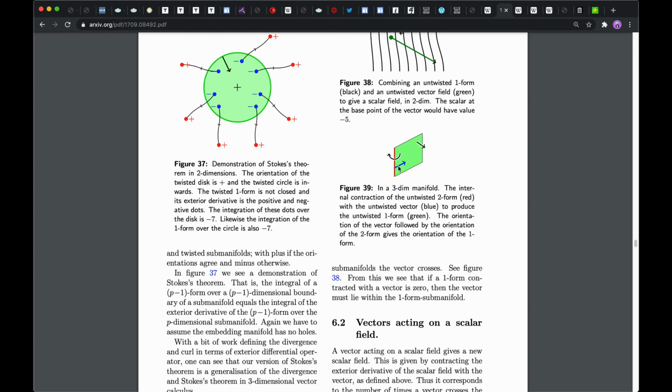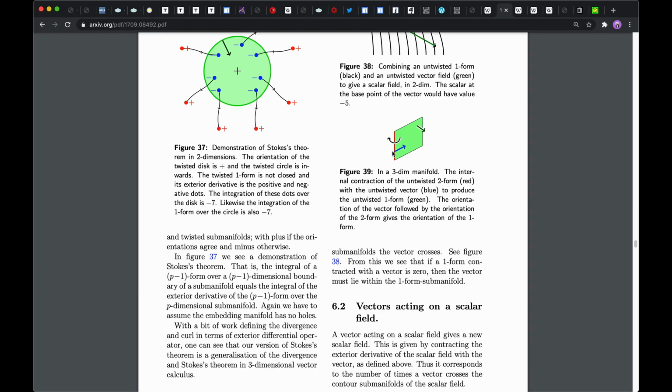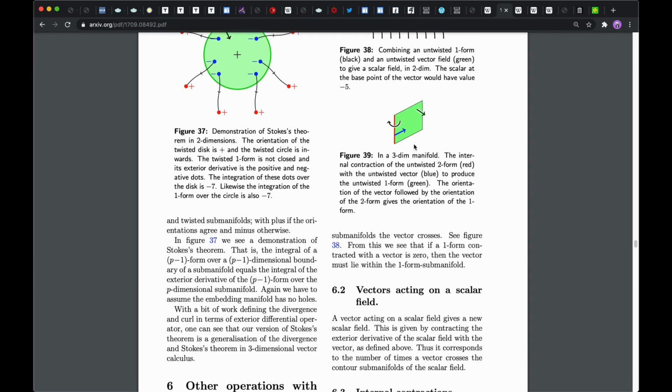To take the internal contraction, we just need to sweep that form along the vector and basically obtain the surface here. And the surface is the one-form. So we obtain the green form from the red one by the internal product of it with the blue vector. That's how those things are described geometrically.